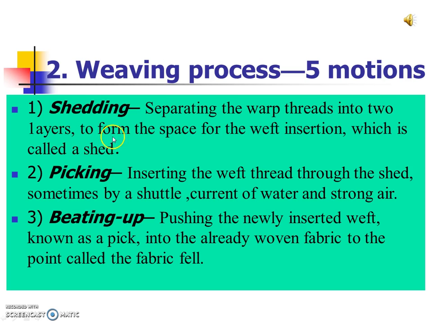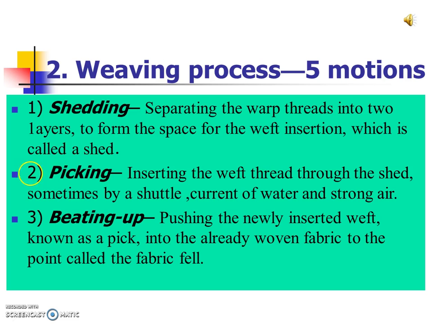The shed is formed to pass the weft insertion element through it. Hence the definition of shedding is separating the warp threads into 2 layers to form the space for the weft insertion, which is called the shed. Shedding is performed by the tappet, cam or dobby.